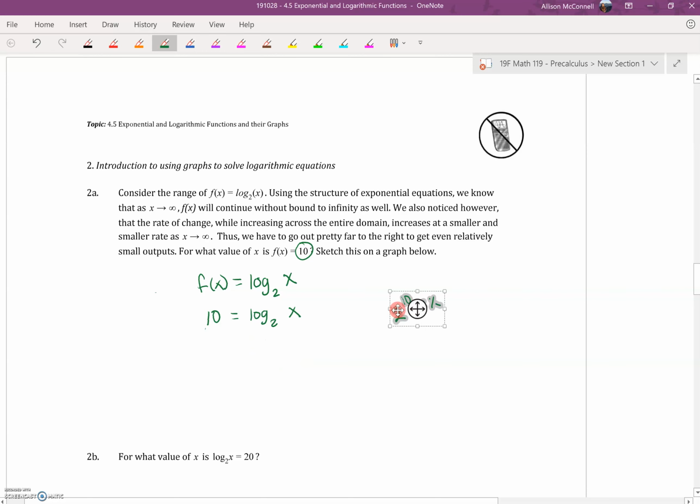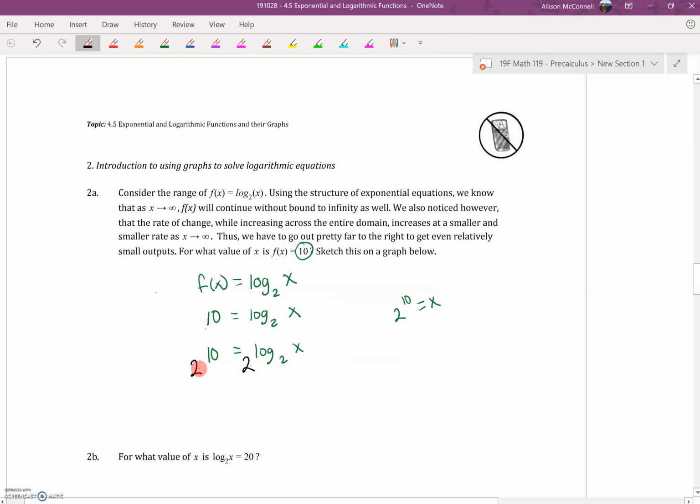Some students even thought about it as, let's undo this log base 2. In order to do that, you can do what we call exponentiating. You can take everything and put it to a power.